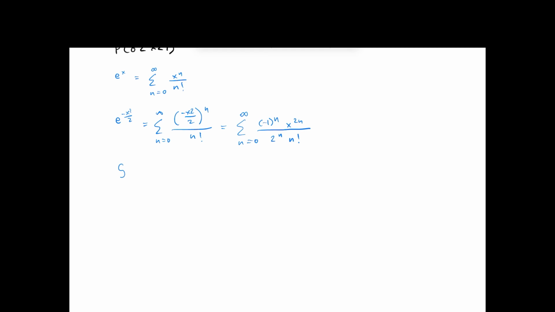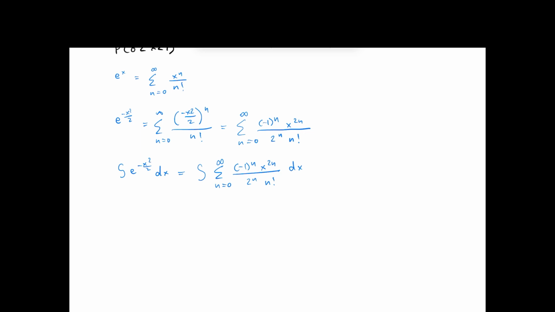So we can say that the integral of e to the negative x squared over 2 dx is the integral of this sum dx. Now, yes, I am expressing this without bounds, so technically this is an indefinite integral and you do need the plus c, but I'm going to skip that for now because in our application we are going to consider bounds.